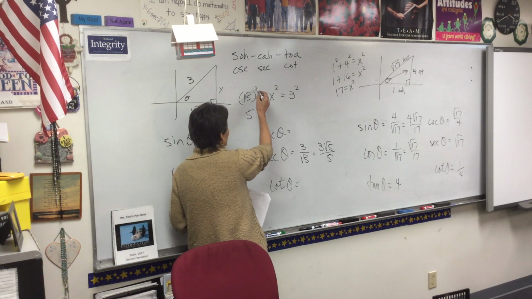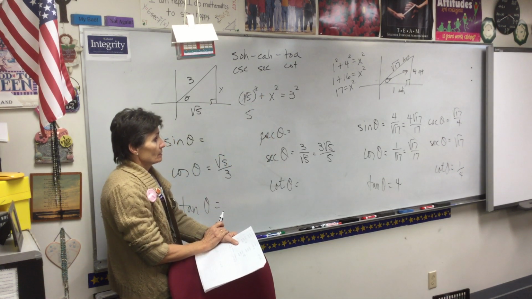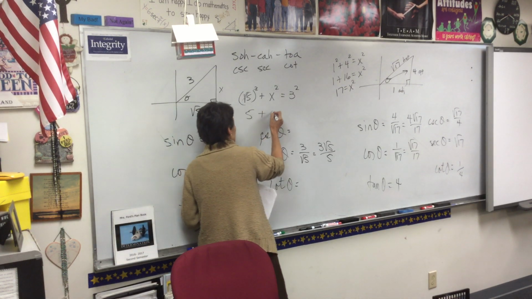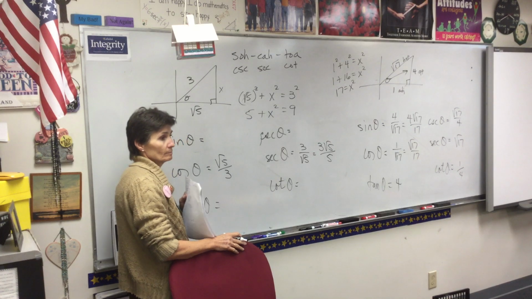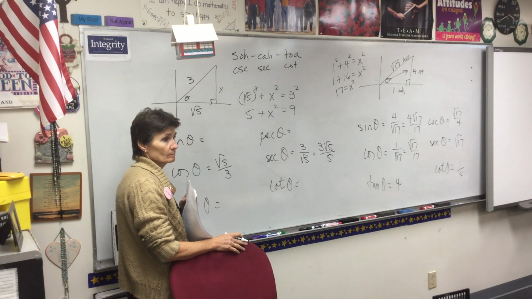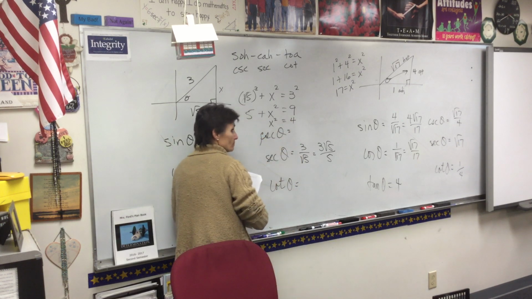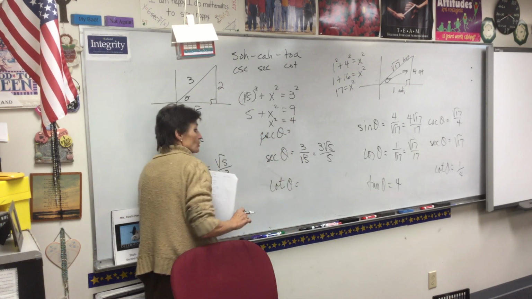When you square a radical, they cancel each other out. So it's just 5, plus x squared equals 9. So x squared equals 4, and x is going to equal 2.